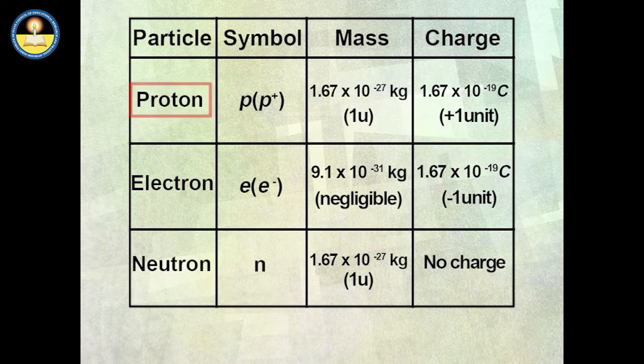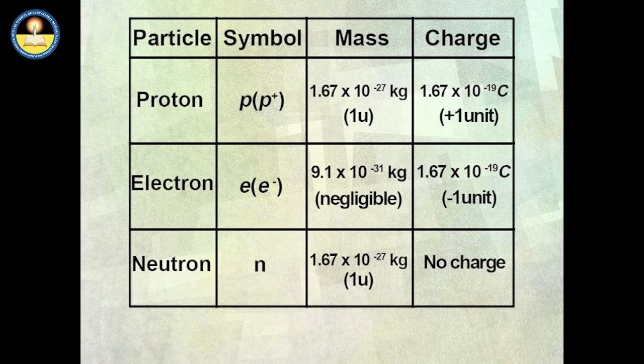Proton, symbol p+, with a mass of 1.67 × 10^-27 kilograms and a charge which is equal to 1.67 × 10^-19 coulombs.